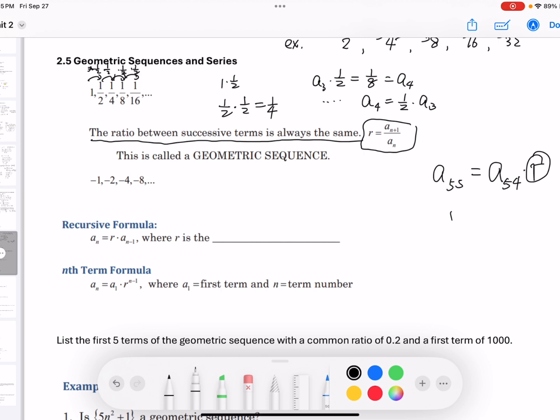So R is equal to a sub 55 over a sub 54, or any number. It doesn't have to be 55, 54. You can replace this number by 40, and the bottom must be one number less, 39. You can also make a conclusion: on the top is a sub n plus 1 over a sub n.